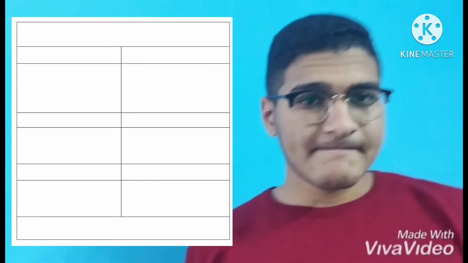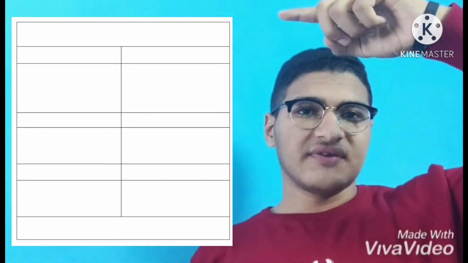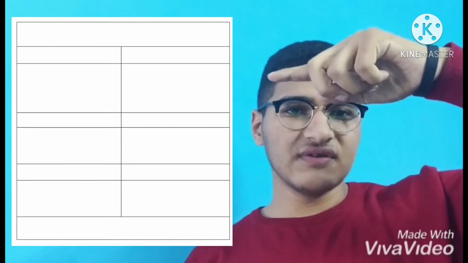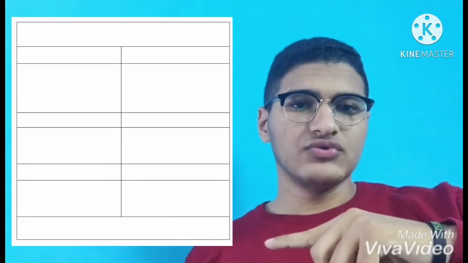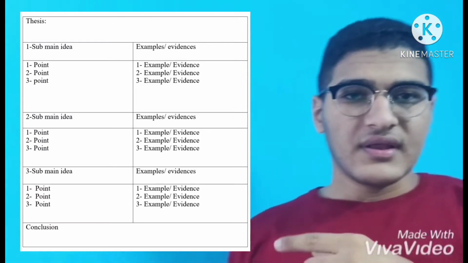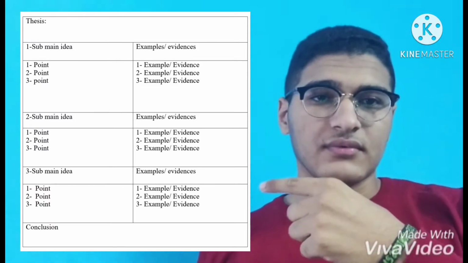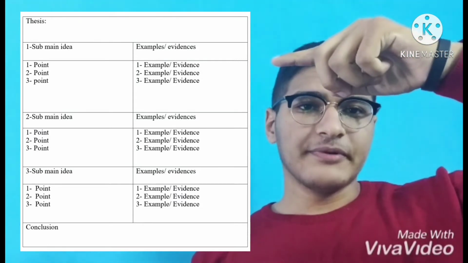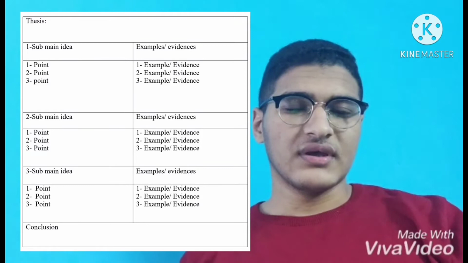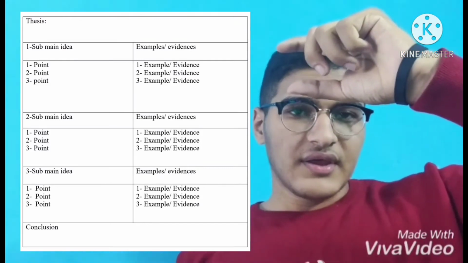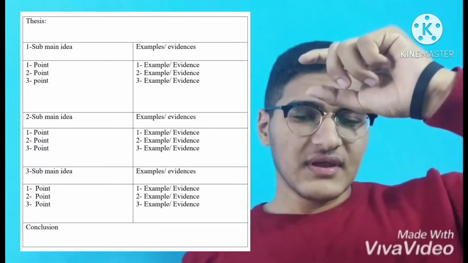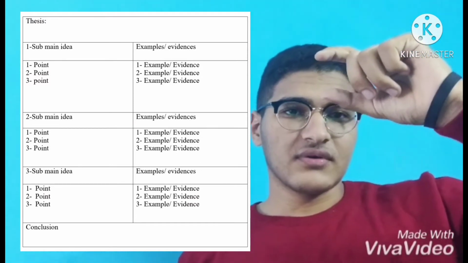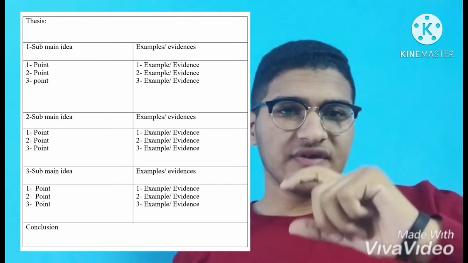Here you write the thesis, here you write the sub-main idea, here you write points and evidence, and here you write the conclusion, like the one you can see right now. Thesis, sub-main idea, points, examples or evidence, and conclusion. Each two rows after the thesis are the sub-main idea, and the examples, evidence and points, and it continues like this until the conclusion.